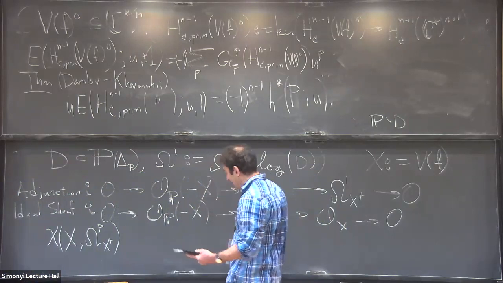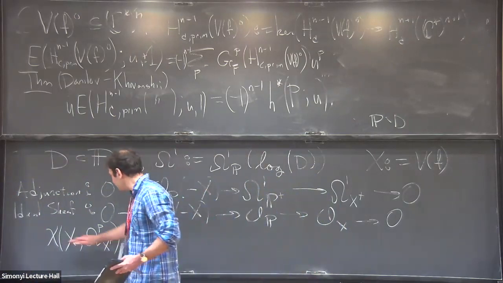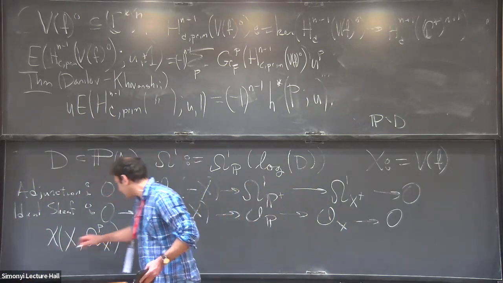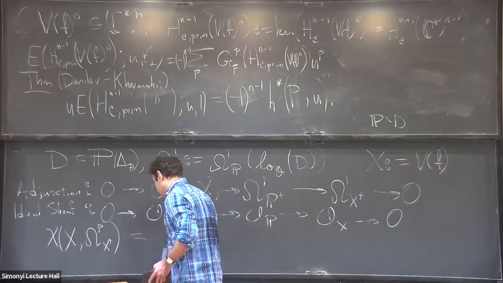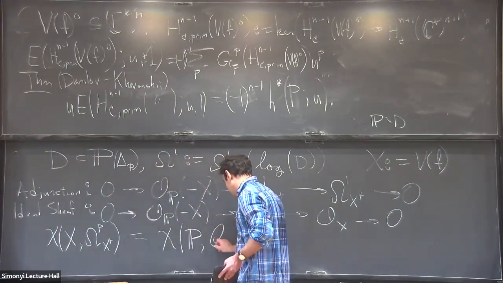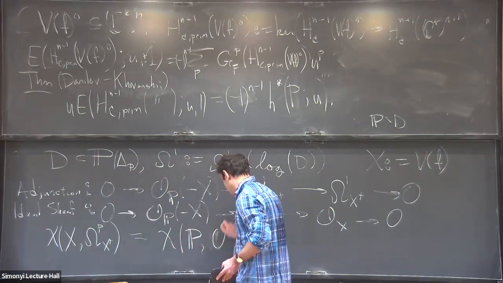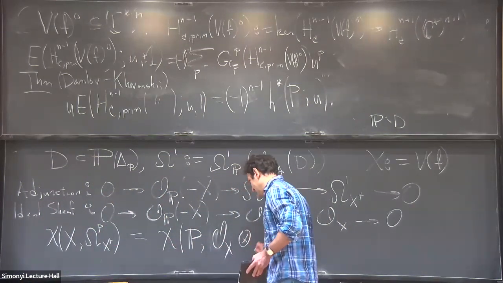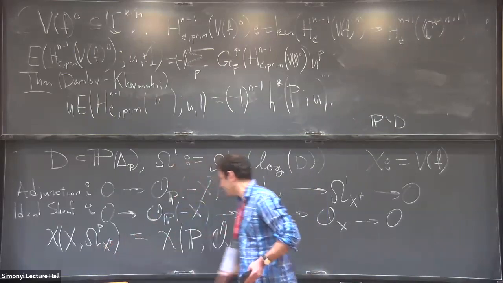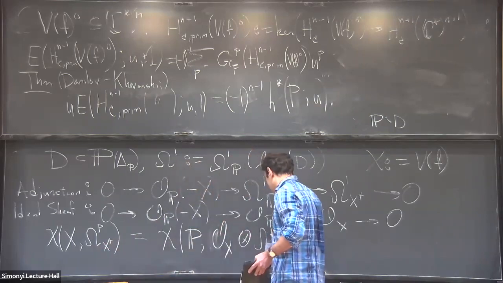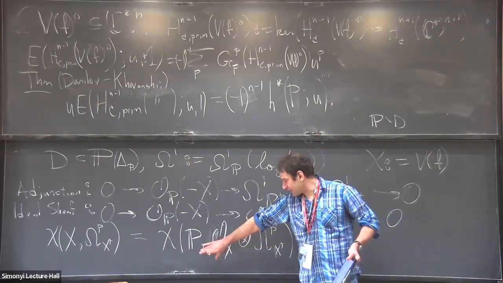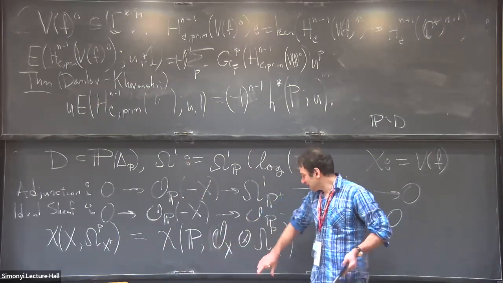Okay, and then it comes down to just computing this thing. You have to do this on X rather than P. Pretending this actually came from something on the ambient space, you could do the Euler characteristic computation on the toric variety.